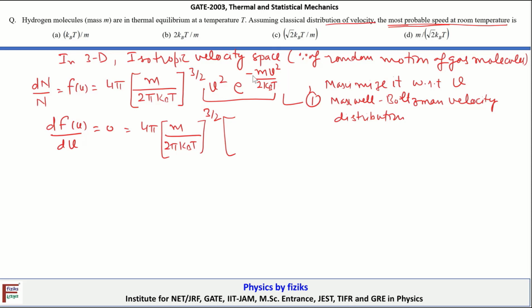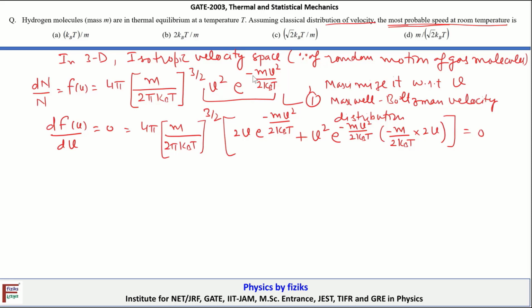The differential of v square will be 2v multiplied by exponential minus mv square upon 2kT, plus now v square as constant and the differential of the exponential term, exponential minus mv square upon 2kT, times the differential of the exponent, minus m upon 2kT times 2v.